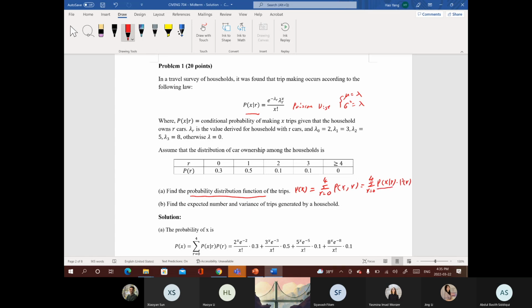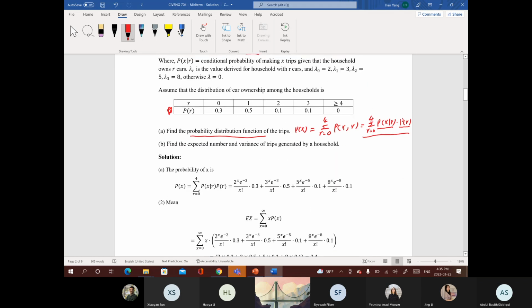We have the expression of x given r, and r is a discrete random variable. If we write them together, you can get the expression for the probability of x. A lot of you just wrote down the expression under one specific value of r. That's still the conditional probability, so that's not the right answer.